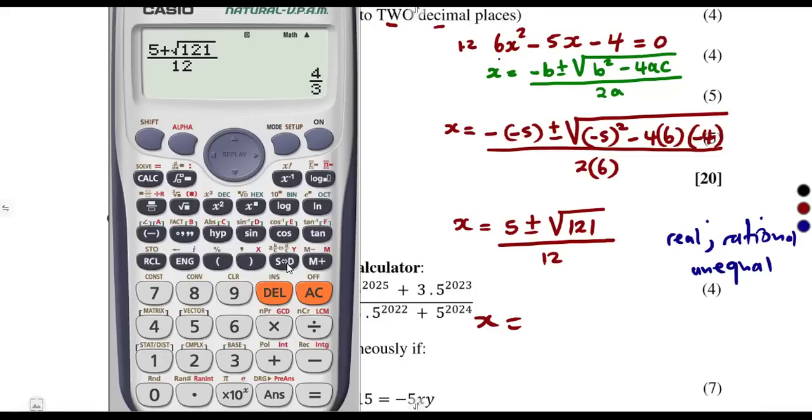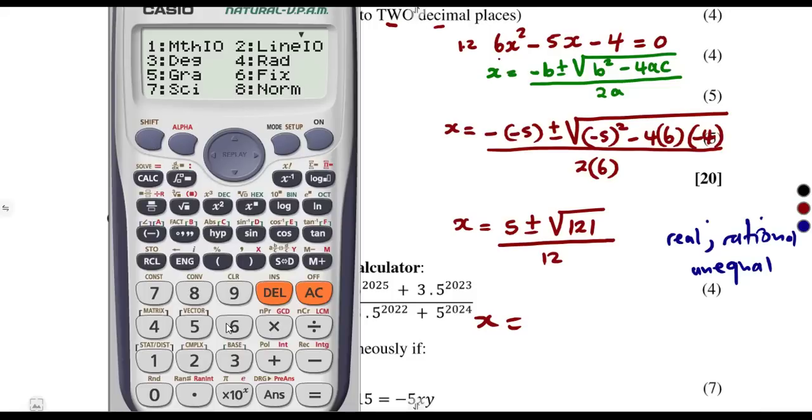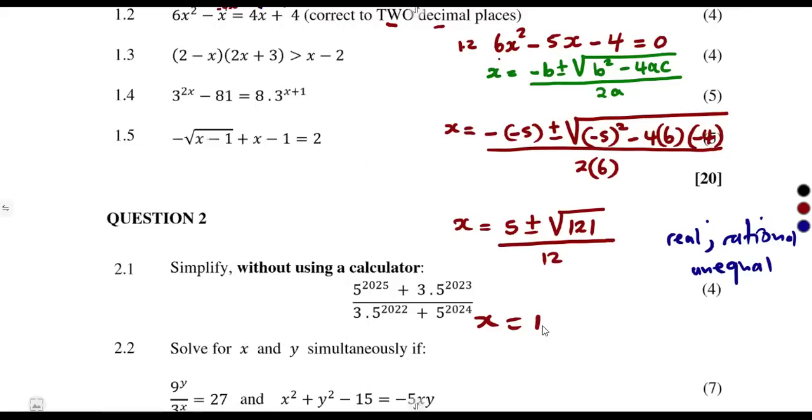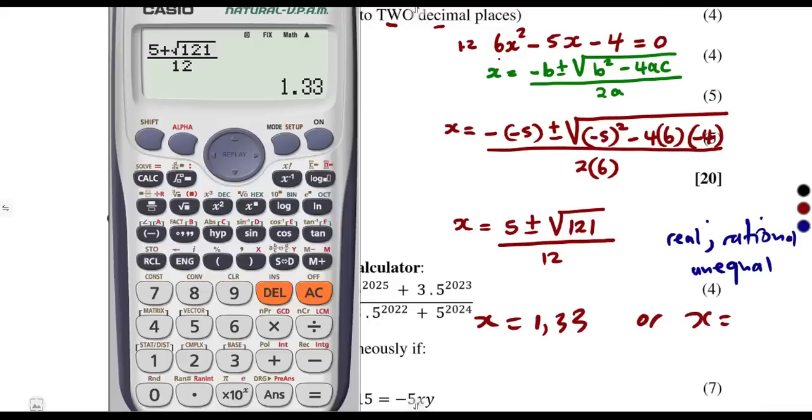All right. So guys, as we're not worried about that, let's just take our answer. Remember, they said to 2 decimal places. So that's 1,33, or just simply shift, go to the setup, fix 2 decimal places. It's going to be 1,33. Or x is equal to, we put a negative this time here.